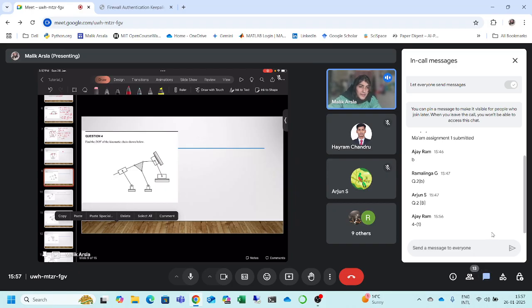Is it 4 minus 1? That is 3, right? Ajay, can you tell me how you got it? Madam, one madam answer. That is the fourth question. Oh, okay, okay. Fourth one, yeah. No, the 1 is not the answer. It is 3. Okay. Yeah, it is 3.